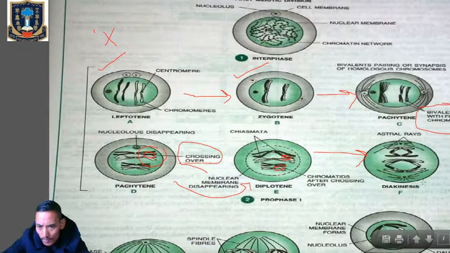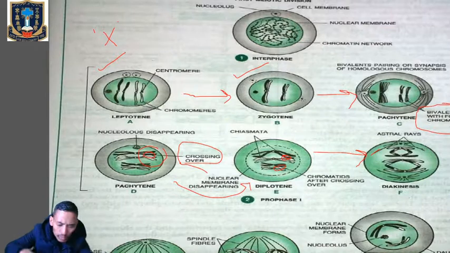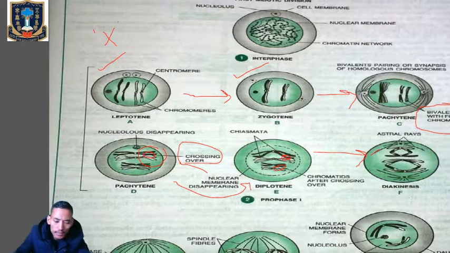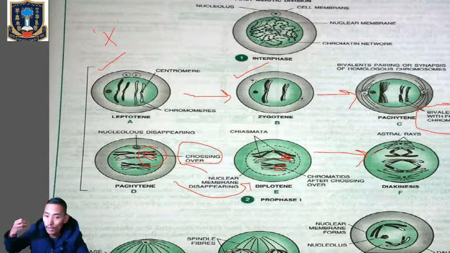You can see the spindle fiber. There will be formation of spindle fiber, so that it will prepare the homologous chromosomes to separate. By the end of diakinesis, the nucleolus disappears. The nuclear membrane, or nuclear envelope, also breaks down.